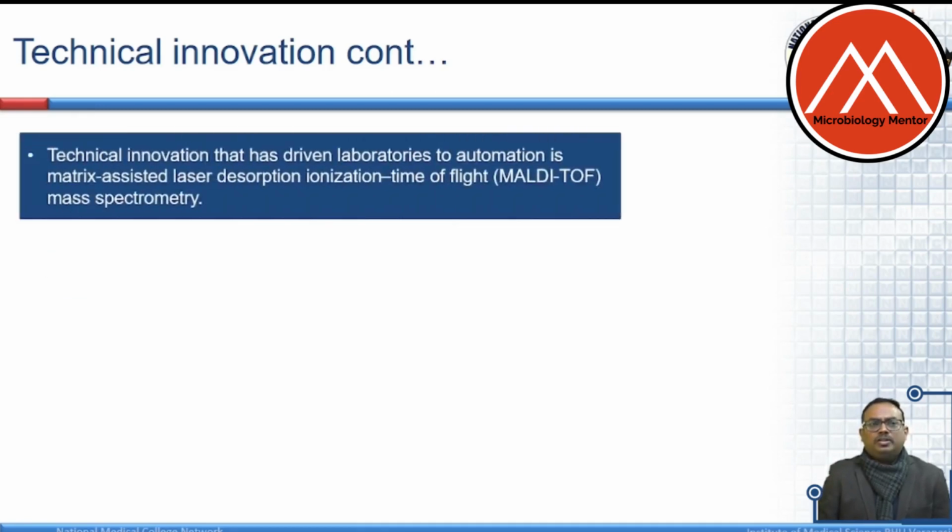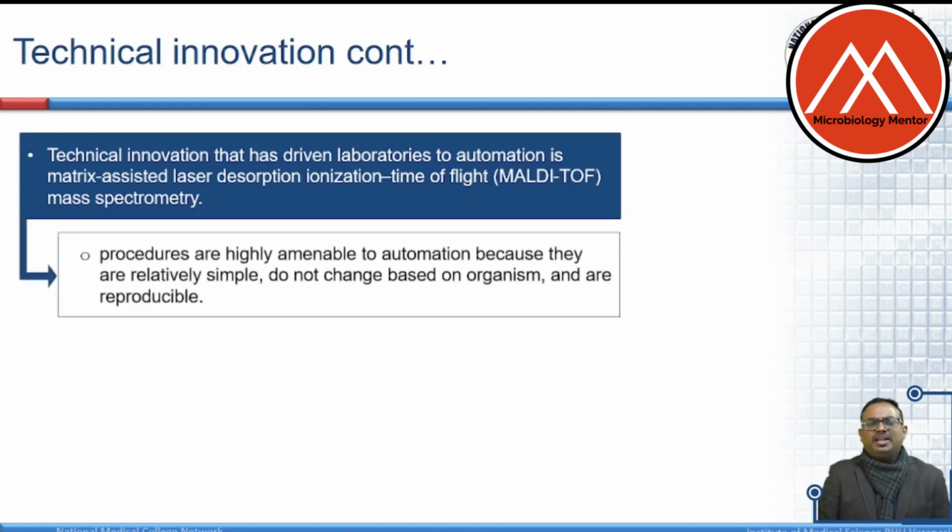Now, among the technical innovations that have driven the automation of clinical microbiology laboratory is the introduction of MALDI-TOF, that is matrix assisted laser desorption ionization time of flight mass spectrometry. MALDI-TOF procedures are highly amenable to automation because they are reliably simple, do not change with organism, and are reproducible.